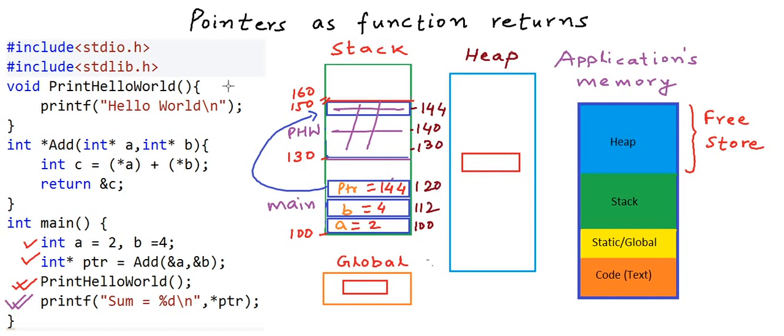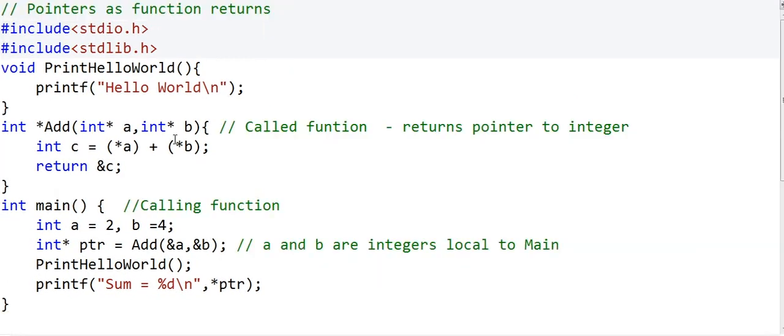I can use malloc or new operator in C++ to get some memory on heap. So if I modify my code something like this, I will declare this C as a pointer to integer and get some space allocated on the heap using a call to malloc. Now malloc is a library function that returns a pointer, but it returns a pointer to an address which is on the heap.